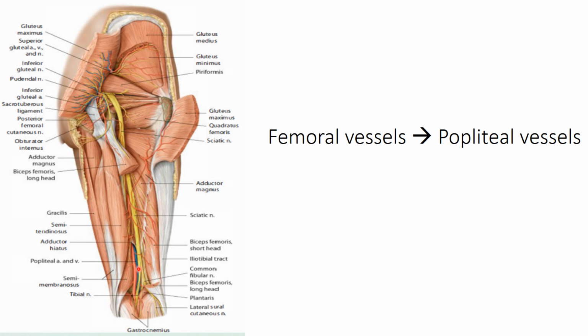It is now lying posterolaterally, and in the popliteal fossa the vein is lateral and the artery is now lying medially. So that's all about this femoral triangle and this adductor canal.